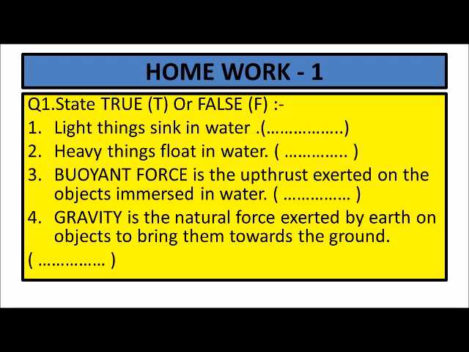Second part, heavy things float in water. Third part, buoyant force is the upthrust exerted on the objects immersed in water. Fourth part, gravity is the natural force exerted by earth on objects to bring them towards the ground.